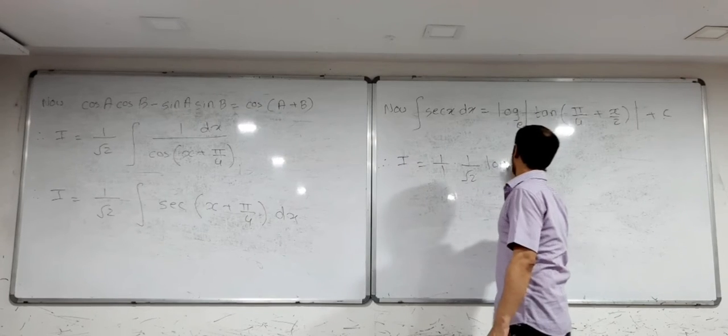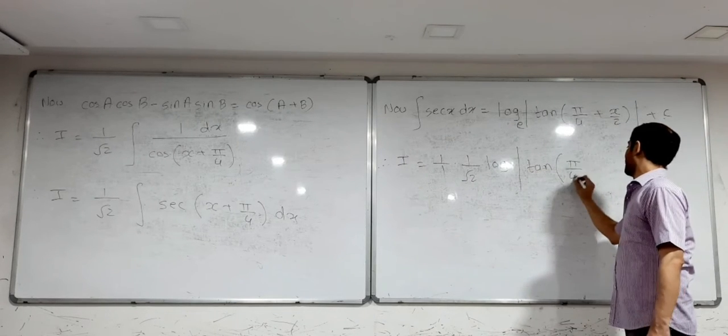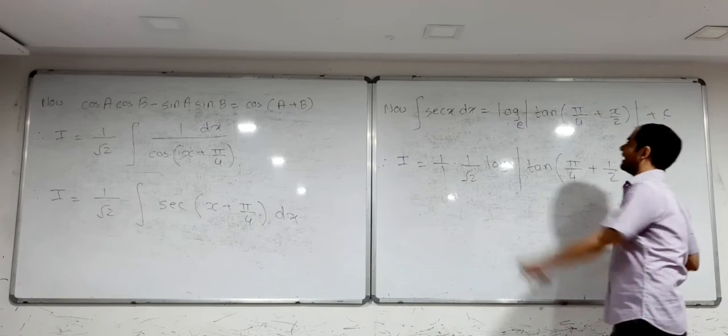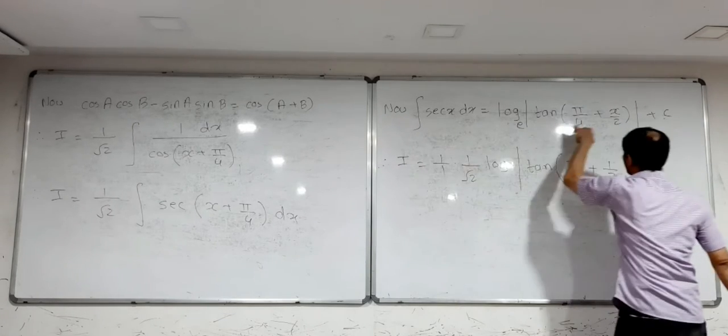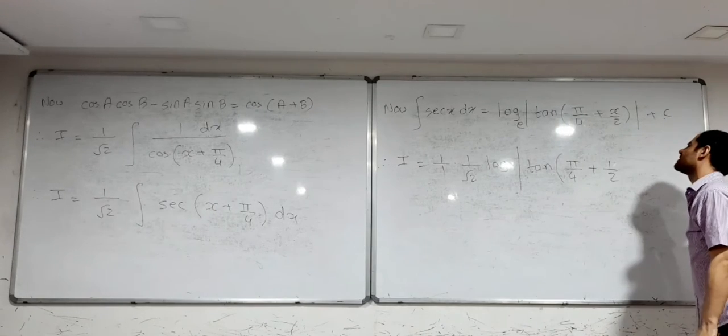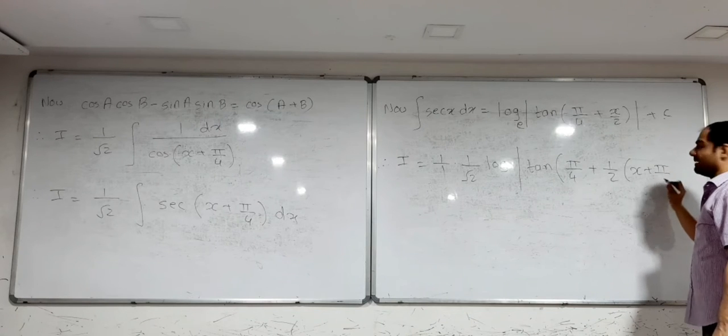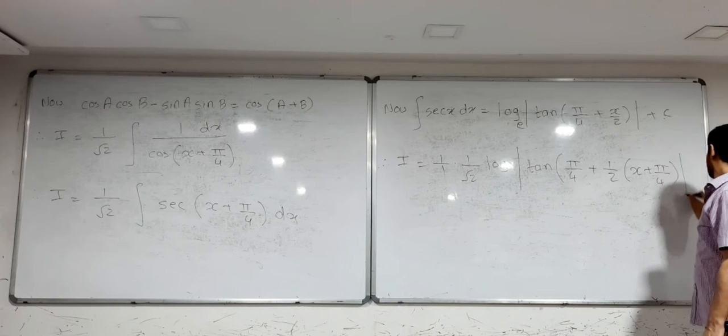Into log of tan of pi by 4 plus half of x plus pi by 4, so half of x plus pi by 4, perfect, plus c.